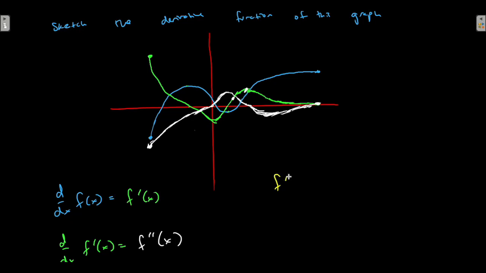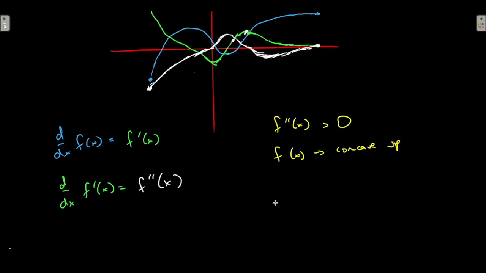When f double prime of x is positive, f of x is concave up. When f double prime of x is negative, f of x is concave down.